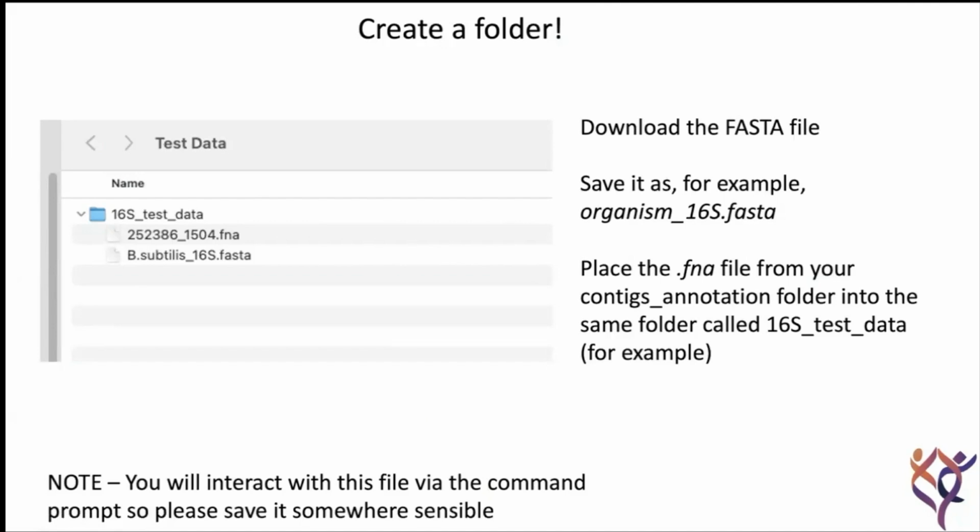And within this folder, we've placed the FNA file and the 16S FASTA sequence that we've just downloaded from NCBI. Now, you will be interacting with this folder via the command prompt. So being familiar with the pathway of this folder, where it's saved, and the names of the folders and files within it is important.